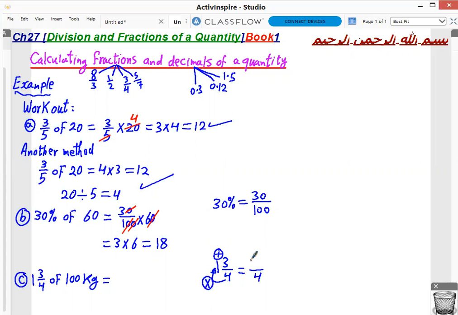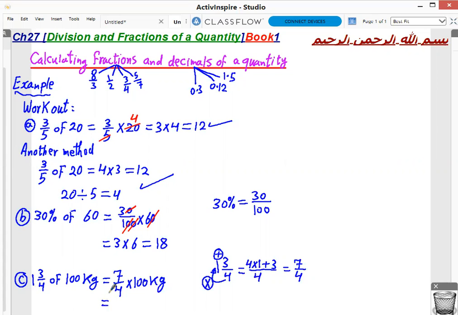Then it will be 4 times 1 plus 3. It will be 7 over 4. Then 1 and 3 over 4 changes into 7 over 4 times 100 kilograms.